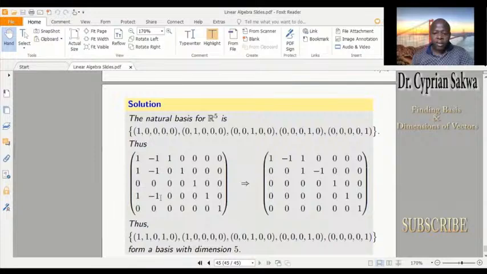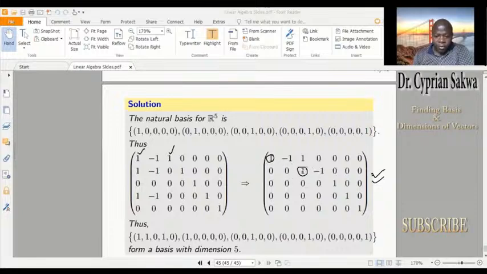Then reduce this matrix to echelon form. When I reduced this matrix to echelon form, this is what I got as my final matrix. Remember that these vectors had been arranged in columns, and this is a leading one in column 1. The other leading one here is in column 3. So I'm taking the original vectors in those columns.